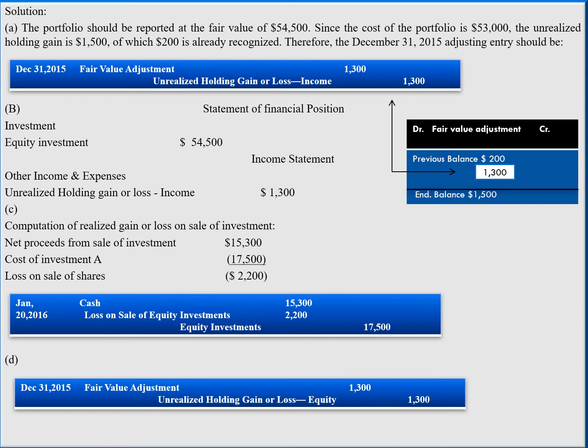OK. The given is that the total cost of the portfolio is $53,000 and the total fair market value is $54,500. This means the result will be an unrealized holding gain of $1,500. This means the fair value adjustment will be debited by $1,500.